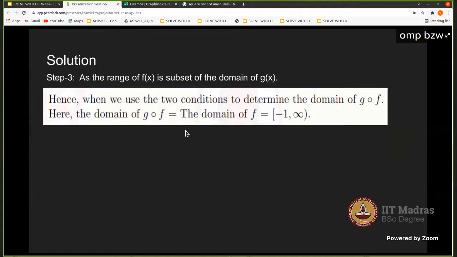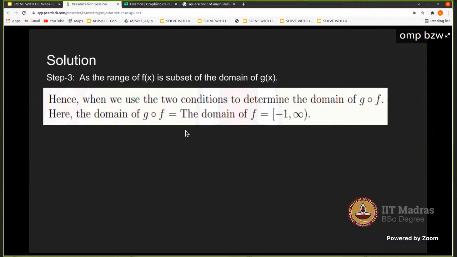Got it? So when I take the x which are in the domain of F, that will go into this function F, and I will get f of x as my outputs, and whatever f of x comes as an output, those are subsets of my domain of G. So every f of x will go into the function G. As every f of x is going into function G, we need not worry about how G is working.